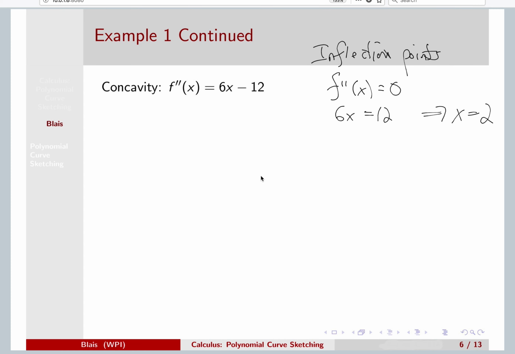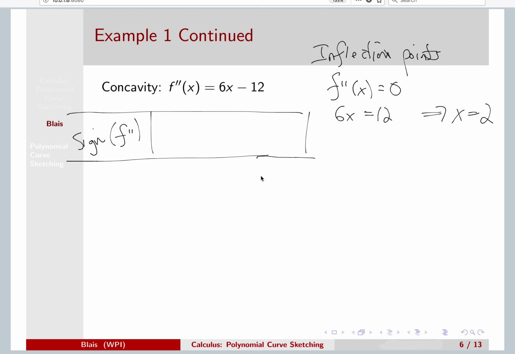And we check again for the sign of f double prime, just like we did with the sign of f prime with the first derivative test. The issue is now we just have one point where it can change sign. And again, of course, your f double prime is just 6x minus 12.